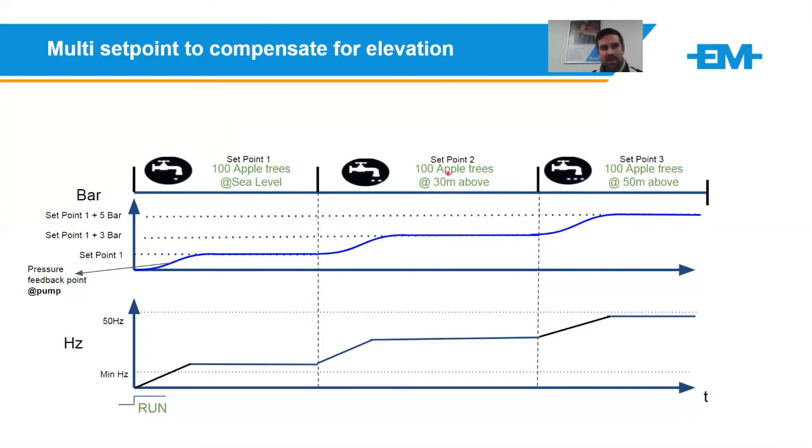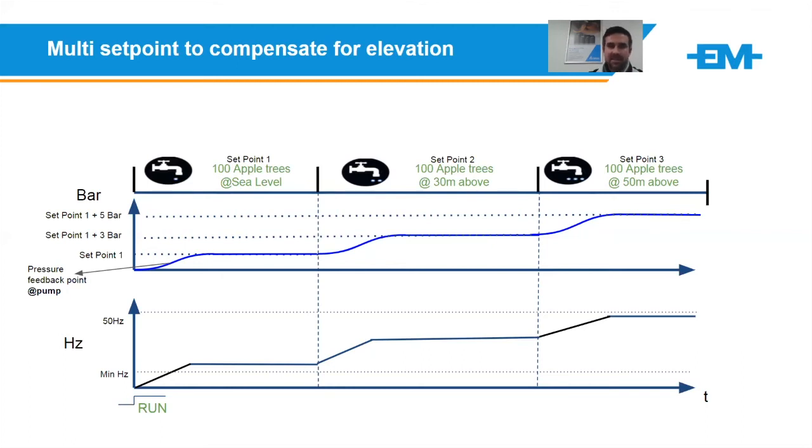Zone 1 is at sea level, so set point 1, where zone 2 is 30 meters above sea level. So it would be set point plus 3 bar, which equates to 30 meters. And obviously for the apple vineyard or orchard, sorry, that's 50 meters above sea level, you would need to go the original set point plus 5 bar.